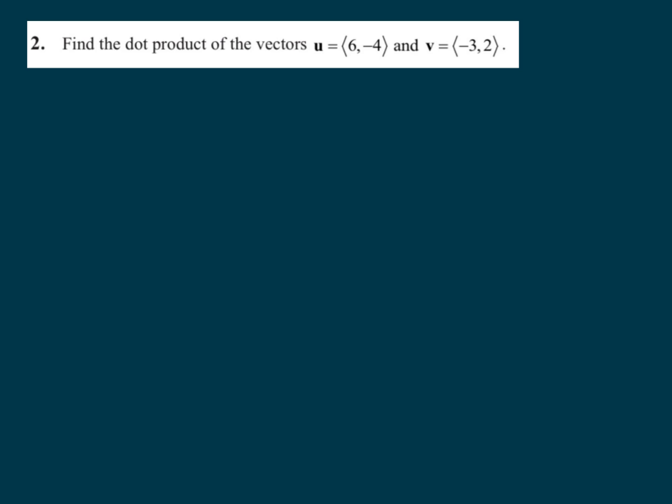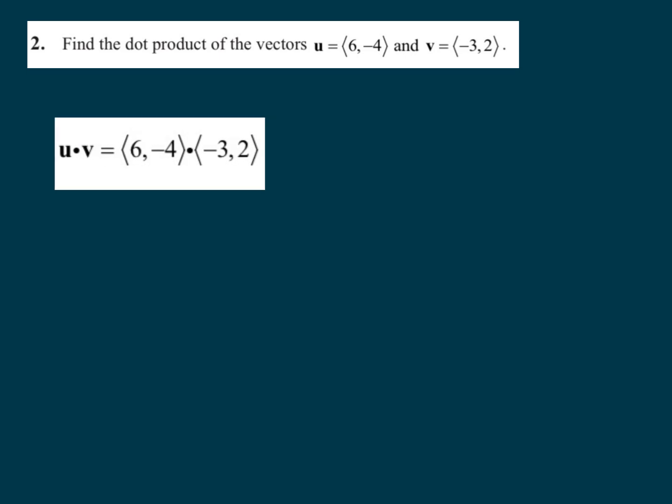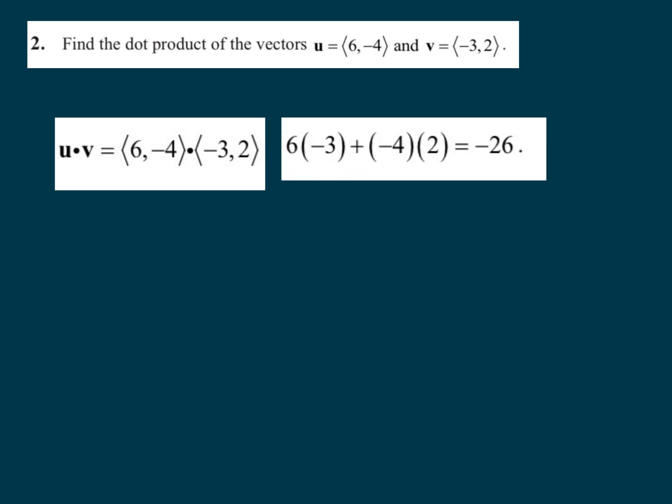So how will we do the dot product? u dot v will be 6 multiplied by -3 plus -4 multiplied by 2. If we do the multiplication, we find a number, and the number is -26.